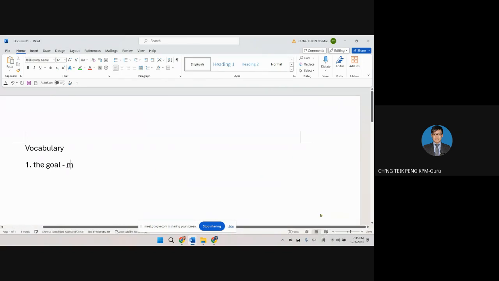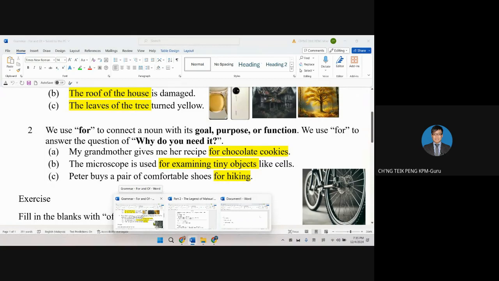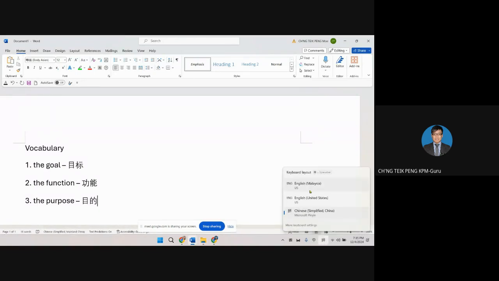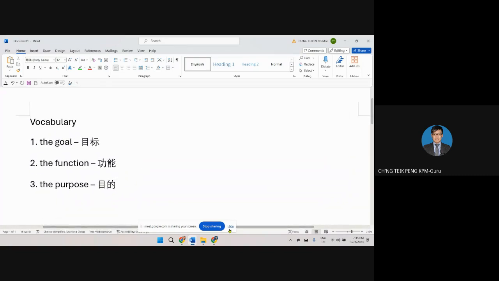The goal is the target, the function is the function. For example, what is the function of your phone?